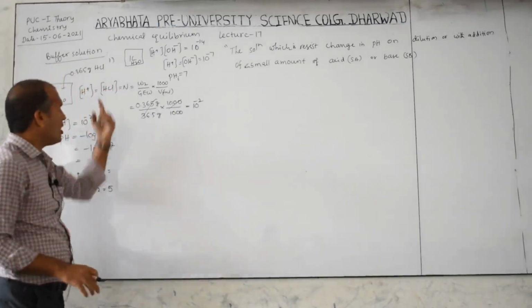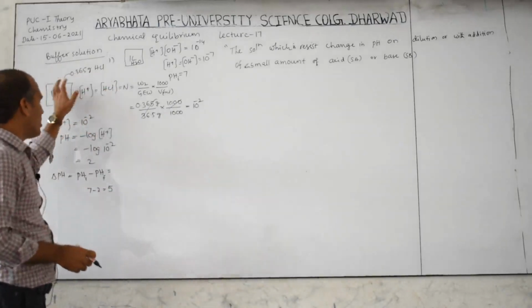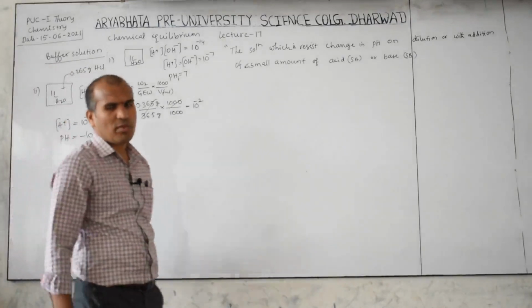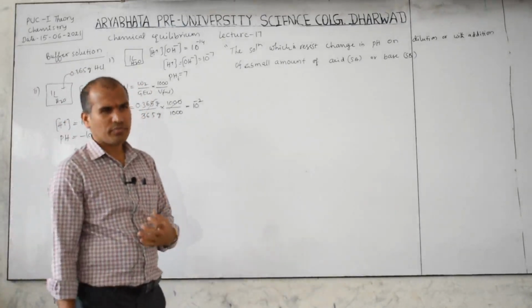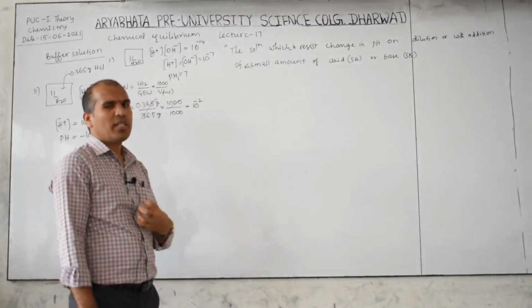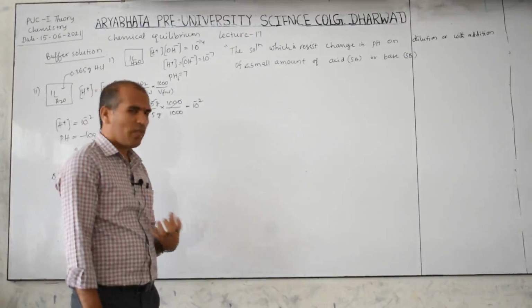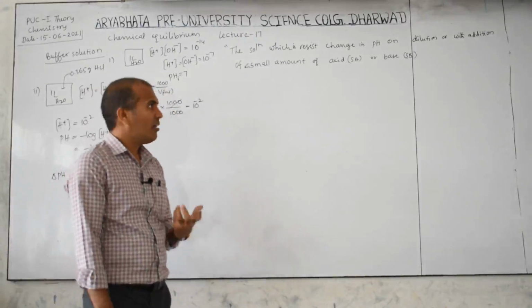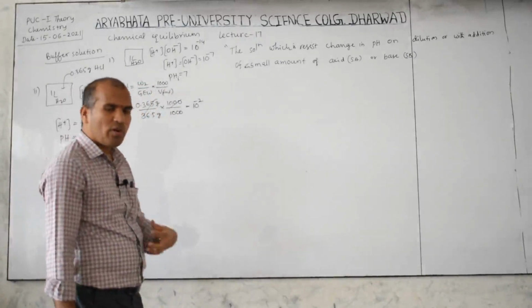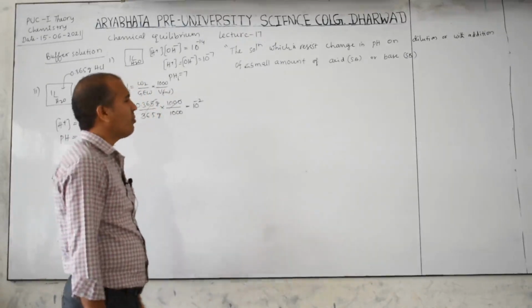So I showed here that when you add acid, the pH changes, it decreases. But in our body some pH will be there. Each solution has some characteristic pH. That pH does not change in your body when you take acid or base. If it changes, irregularities will come. Like this, our body always maintains the pH.